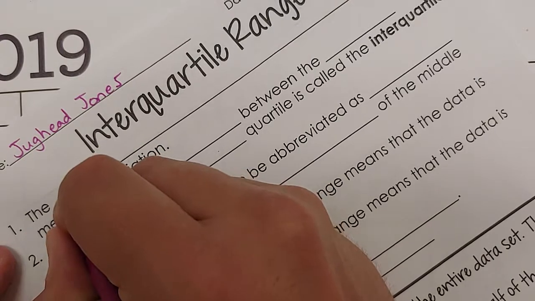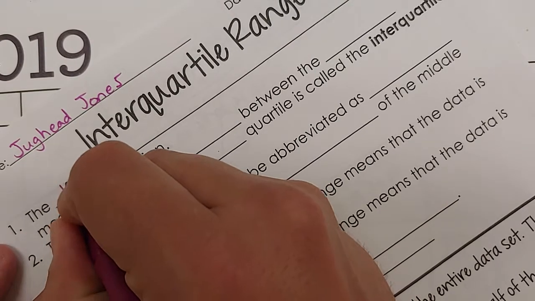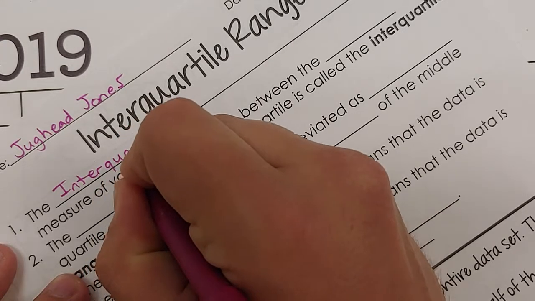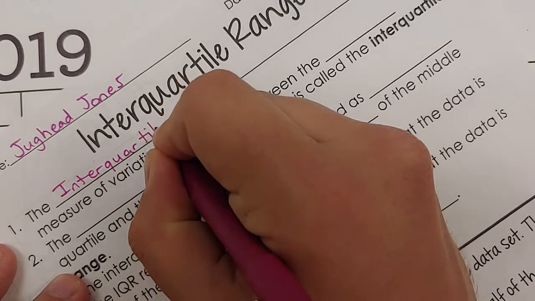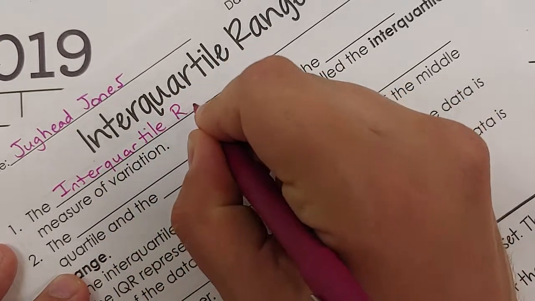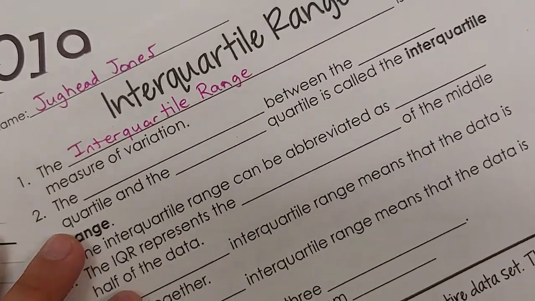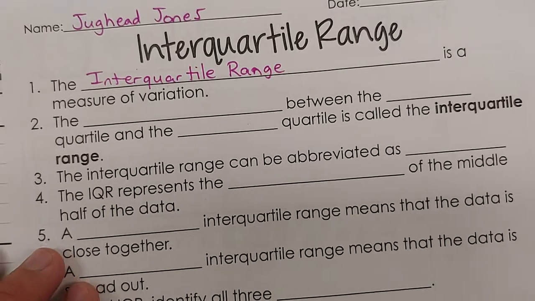So the interquartile range is a measure of variation, or the difference between two things.